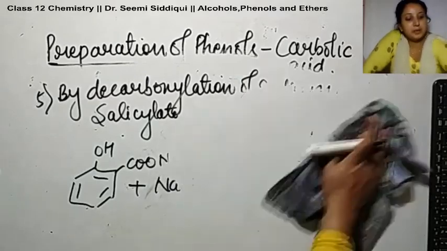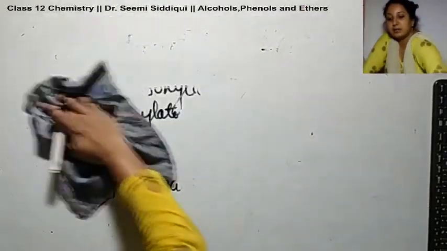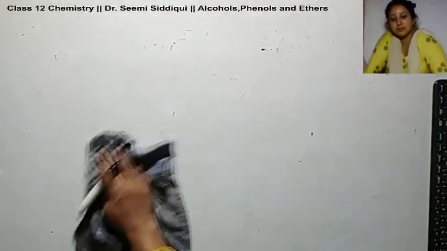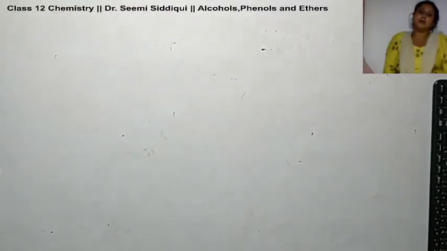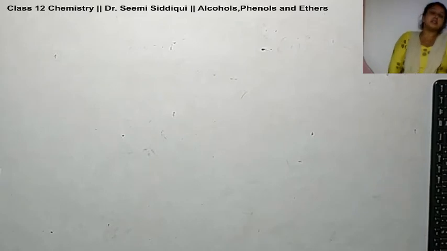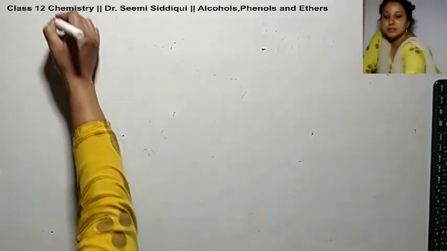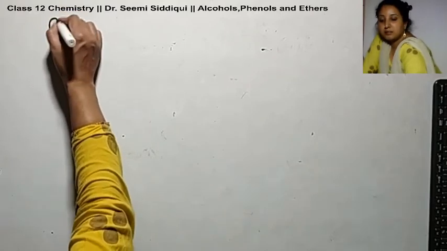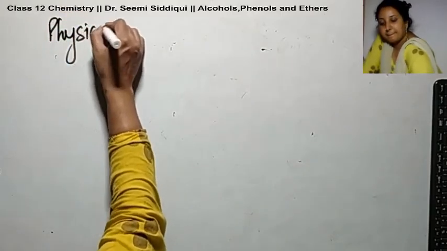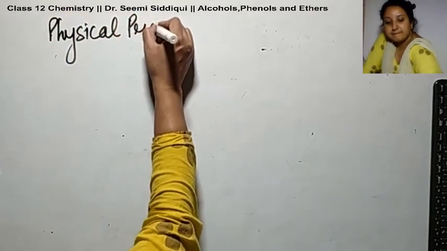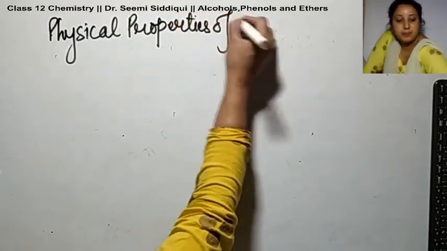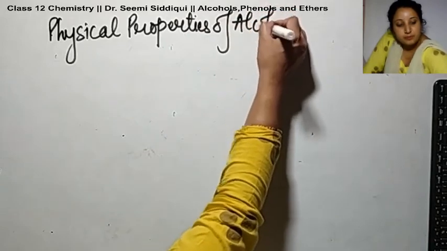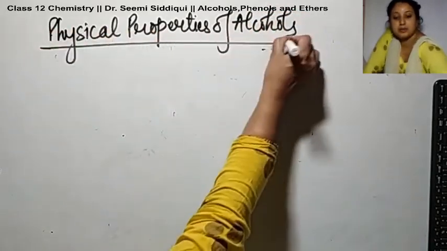Now coming to the physical properties of the alcohols and phenols. Physical properties are not of much use, but a give-reason question for 1 mark can be asked from the physical properties. So let's start. Properties of alcohol.